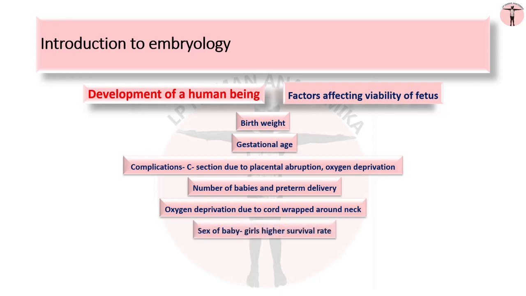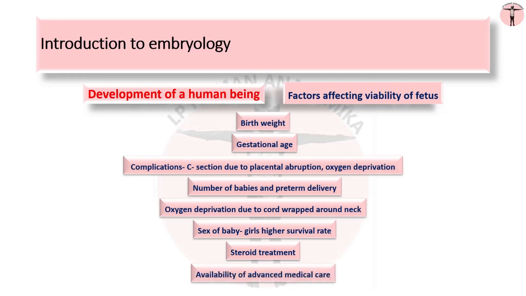On the whole, girls have higher survival rates than boys. Steroid treatment prior to birth. Steroids taken by a mother prior to birth speed the lung development, improving the odds of survival. Steroids can help the baby to breathe normally outside the womb.